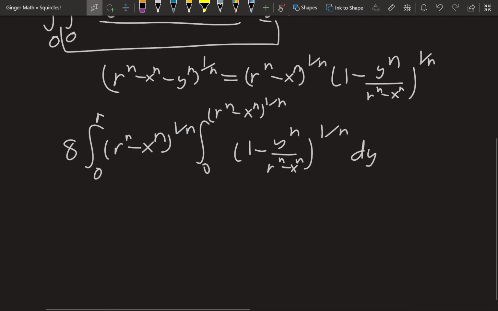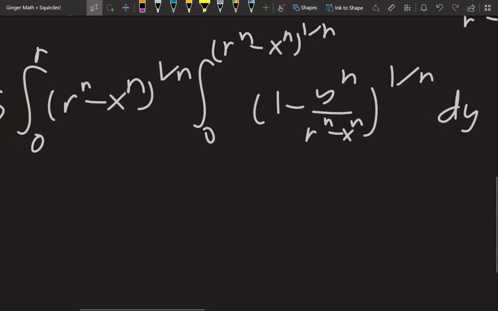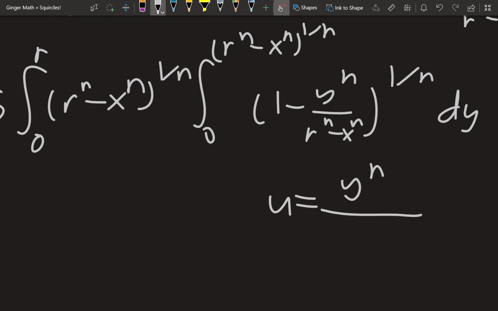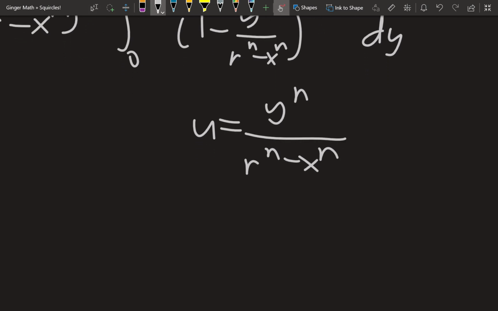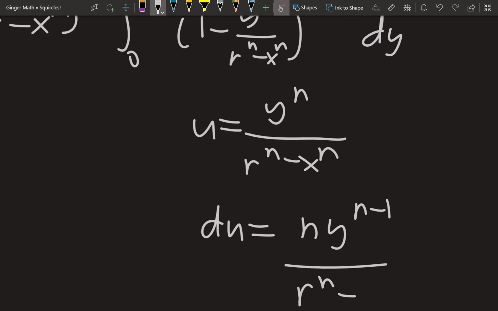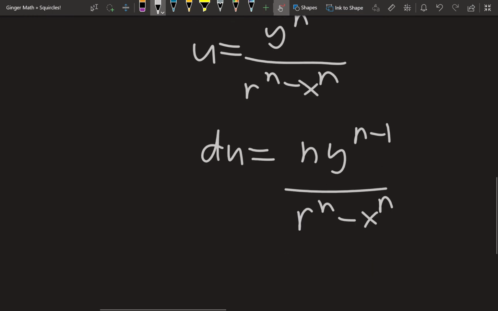And what we're going to do here is very similar to what we did in the previous video, at least, when we derived the area of a normal Squircle. We're just going to do a u sub here and use the gamma function. So we're going to say u is equal to y^n/(r^n - x^n), and that du is equal to n y^(n-1)/(r^n - x^n) dy.